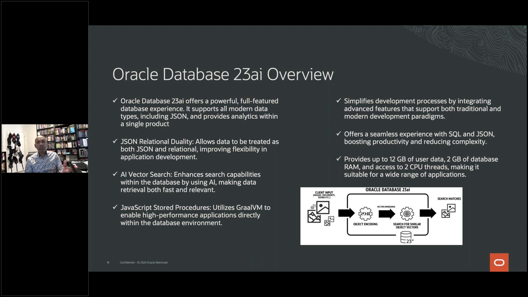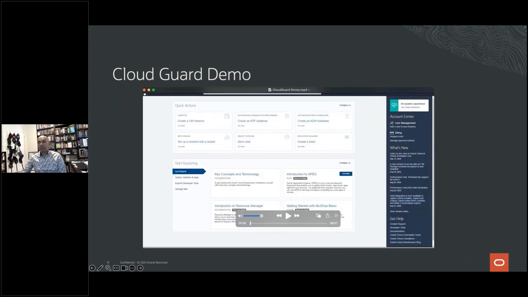So you can try it out in our free tier for a wide range of applications. If you are using OCI free tier, you will get this configuration for free forever.